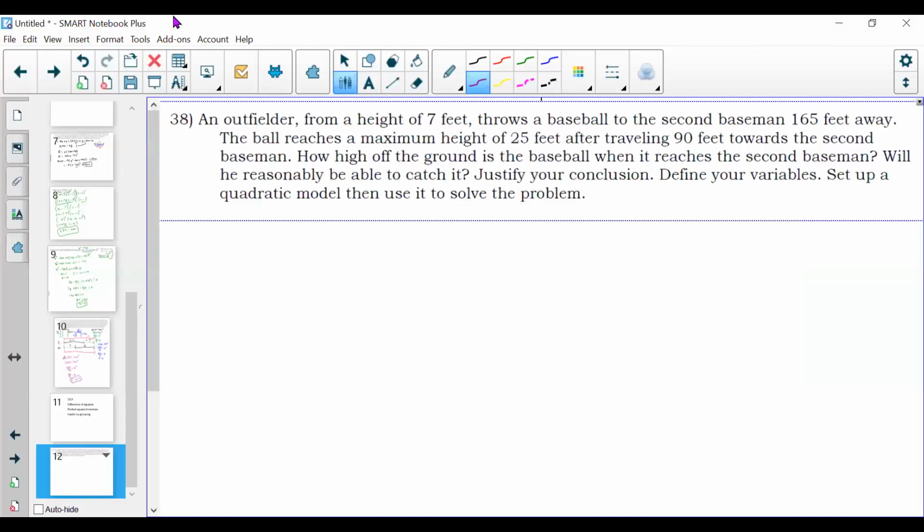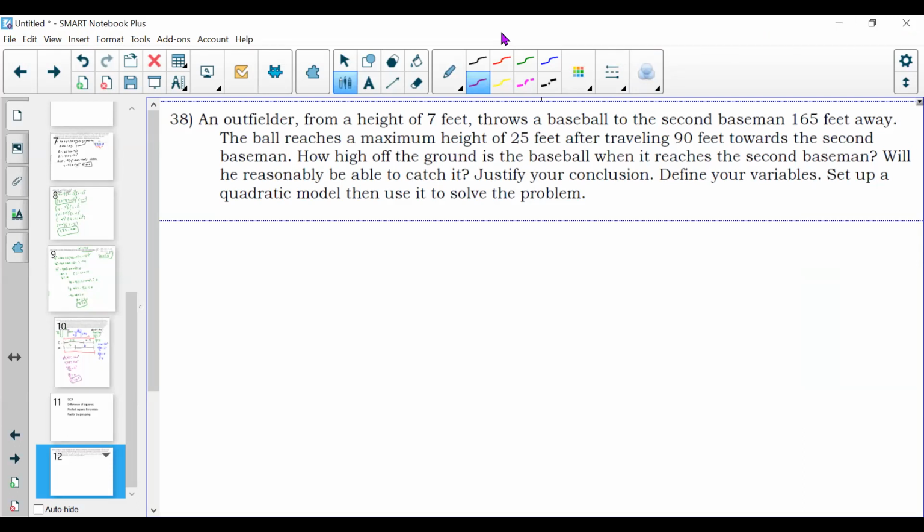An outfielder from a height of 7 feet throws a baseball to the second baseman. The ball reaches the height of 25 feet after traveling 90 feet towards the second baseman. Okay, so stuff like this.